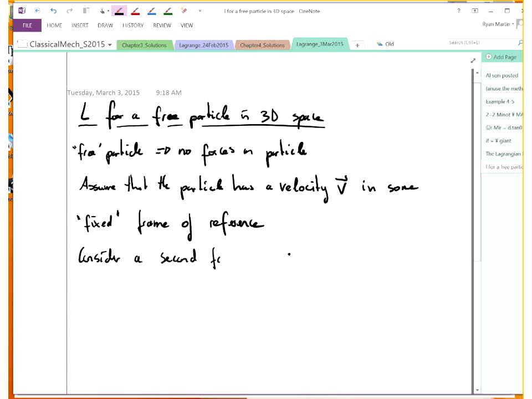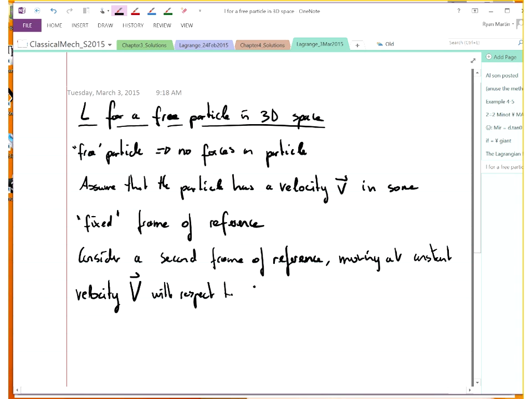So consider a second frame of reference moving at constant velocity, capital V, with respect to the first one, with respect to the fixed frame of reference.